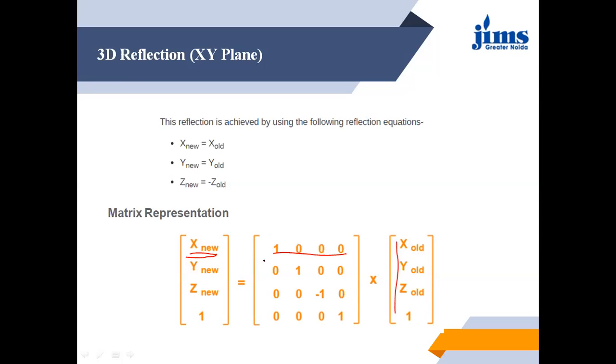Only 1 is over here, so 1 is multiplied with x old, and we get x new equals x old, and the rest three are 0. Same when we find the value of y: y new equals this row multiplied by this column.